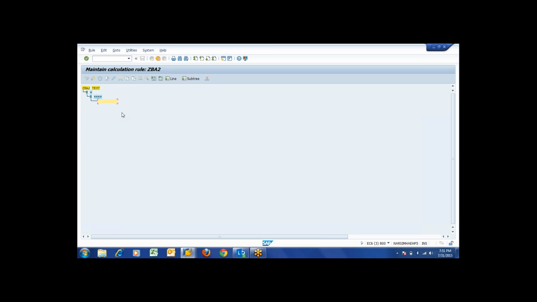So ideally this will be the PCR grouping of the employee, and this will be the wage type. So here for all PCR groupings and all relevant wage types, I am telling add wage type to output table.